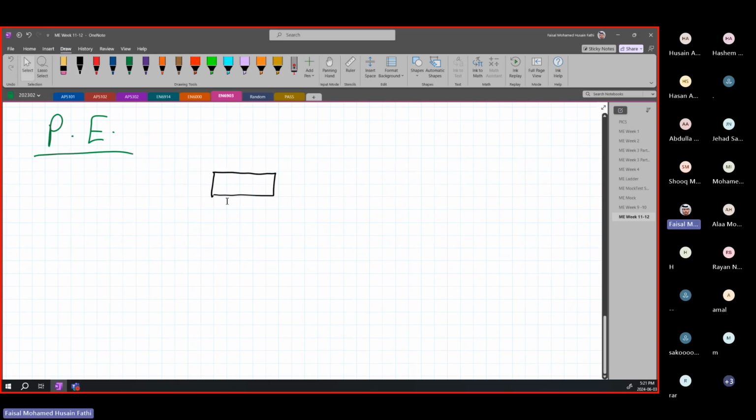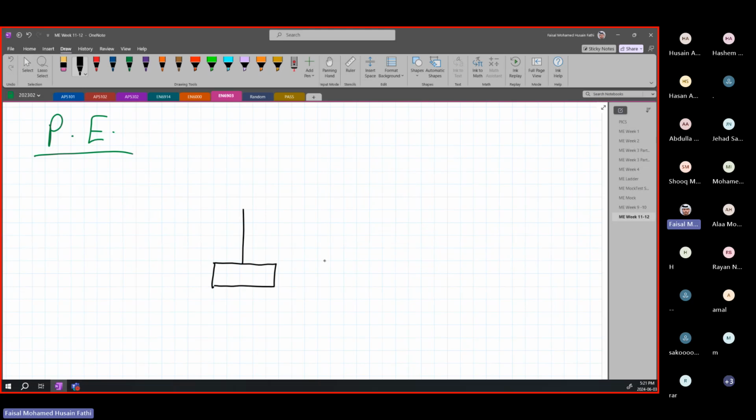So let's say we have an object that is going upwards or downwards, it doesn't matter, let's say it's going upwards for now, okay? So for potential energy, we're going to have a specific height for this object.